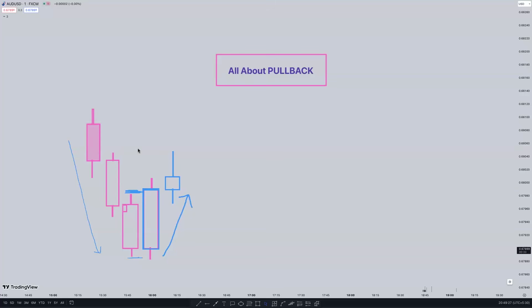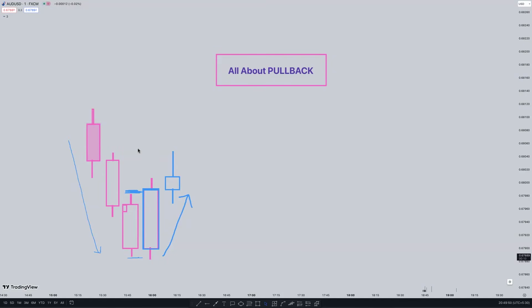Okay, simple. And the same thing is applicable in a bullish structure. Bullish means when the market is creating bullish candlesticks and creating higher highs and breaks the previous candle low, that's called a valid pullback. This is a very simple thing. If the market is bearish, then breaking the high is called a valid pullback. If the market is bullish, breaking the previous candle low is called a valid pullback.